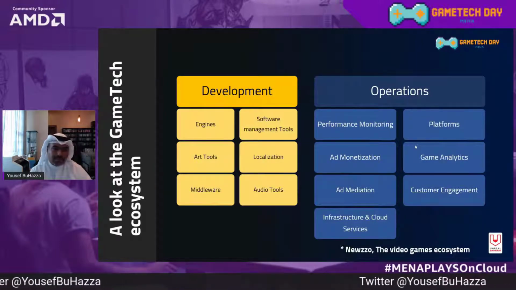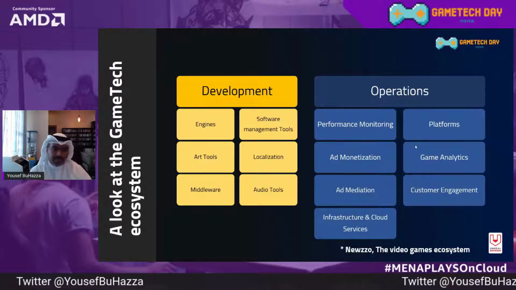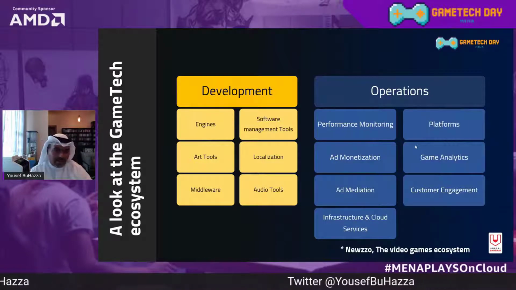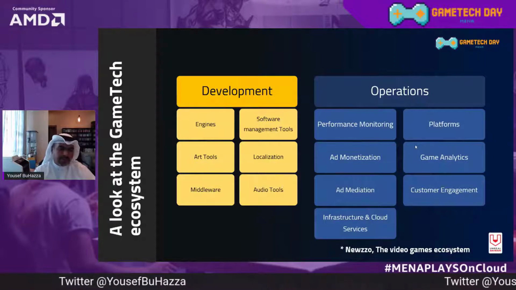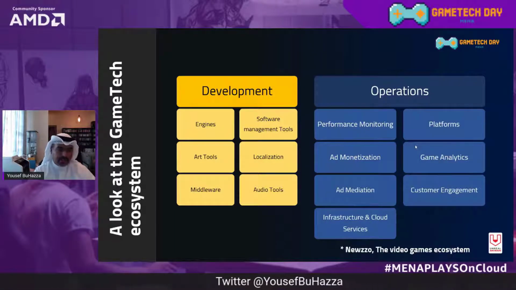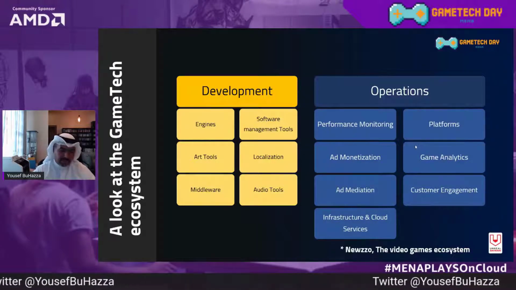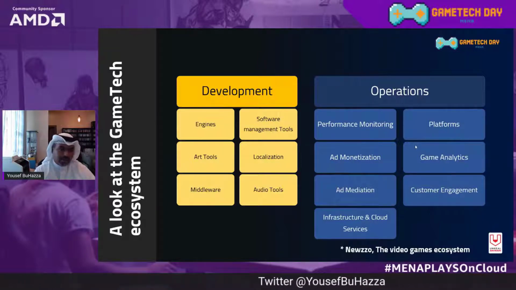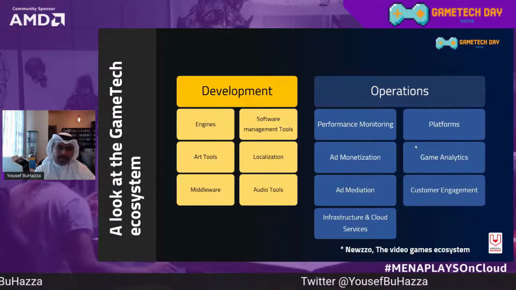A good example of that would be Perforce, or Git, those tools that actually help developers move forward. Art tools is a little bit of a tricky subject, but it goes down to the boilerplate of 2D tools, 3D tools, animation tools, and content creation tools. Then there's audio, and this is where it becomes a little tricky, because sometimes art tools and audio tools overlap in certain areas.